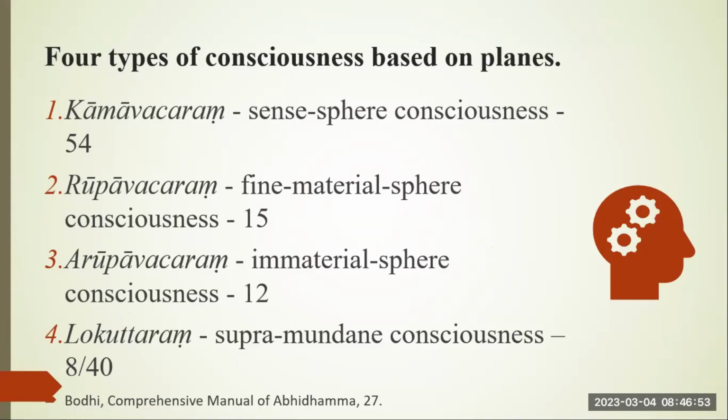Later on, we will become familiar with the Pali terms. There are not so many of them, and I will also explain the translations. Sense sphere consciousness, fine material sphere consciousness, immaterial sphere consciousness, and supramundane consciousness.